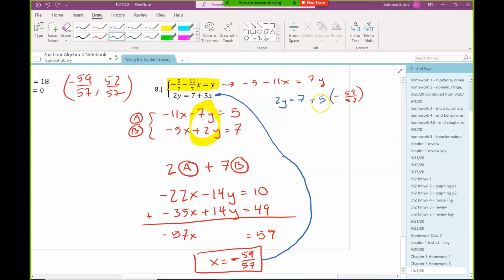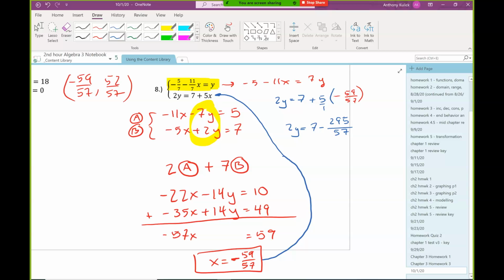So to multiply fractions, I just multiply the tops and bottoms together. So I think about 5 as the fraction, 5 over 1. 5 times 59 is 295. And 1 times 57 is 57. And then I need to make a common denominator so I can combine the 7 and the 57.